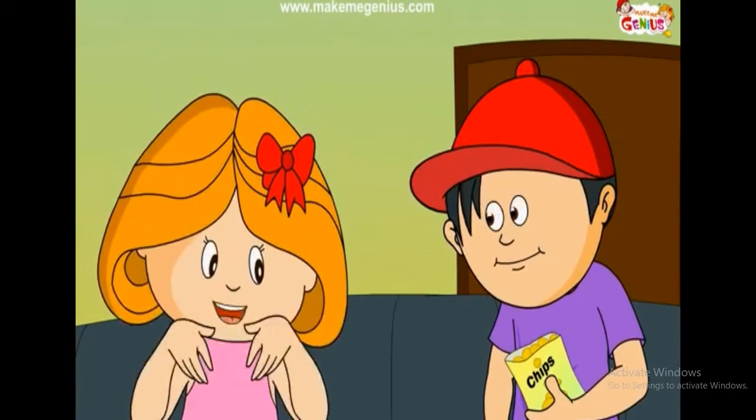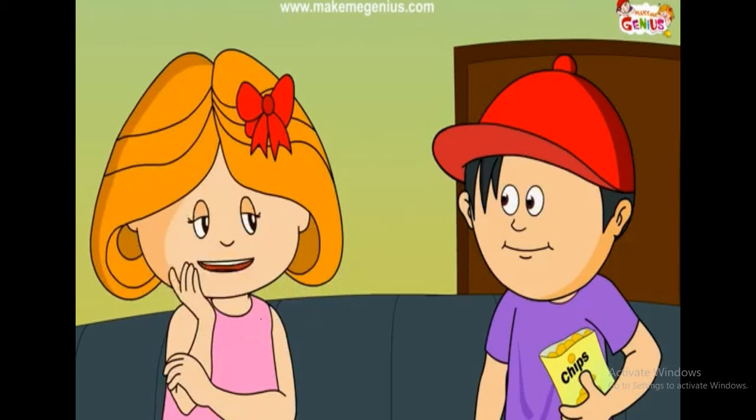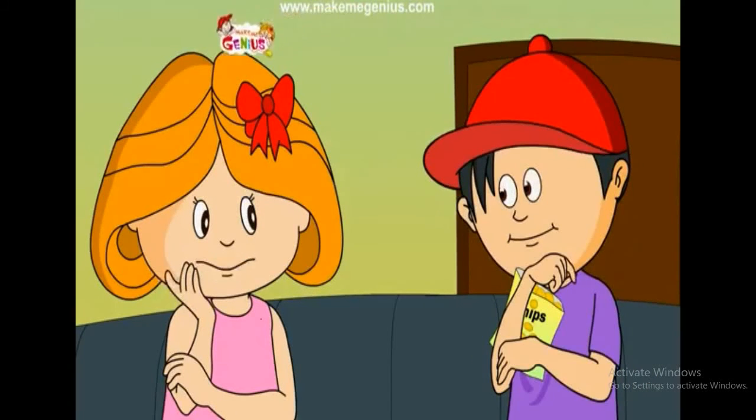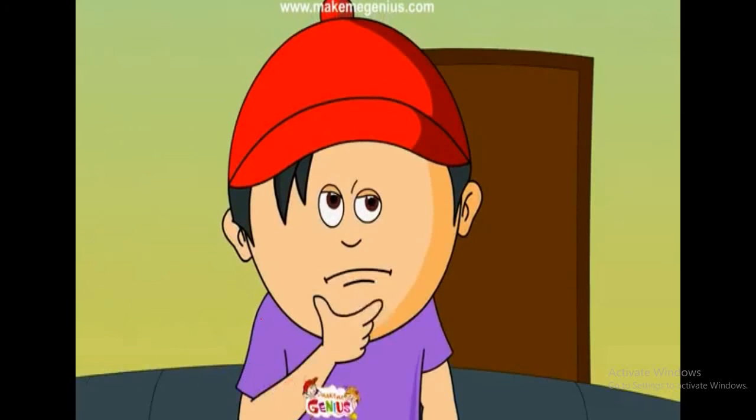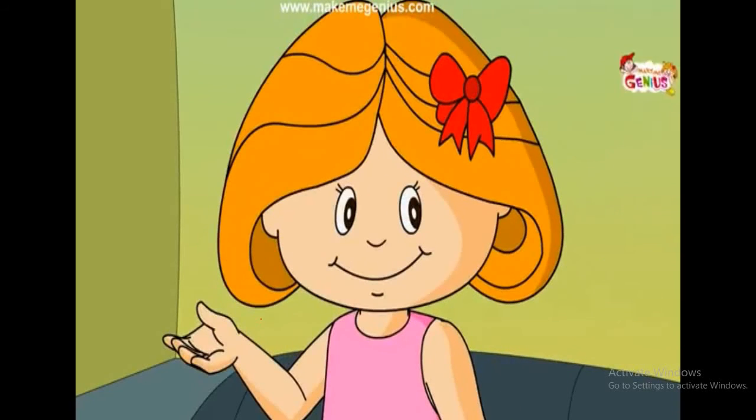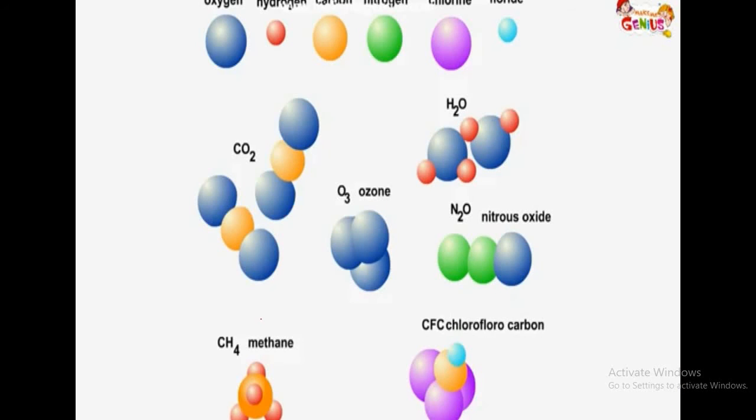Can you tell me an example of something that has both elements and compounds? Air. Oh yes, air has elements like nitrogen, oxygen and also compounds like water vapor and carbon dioxide to name a few.